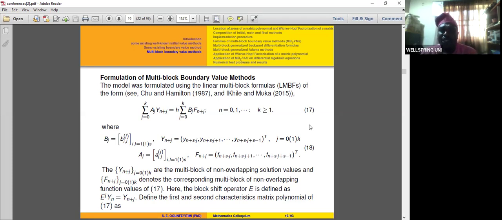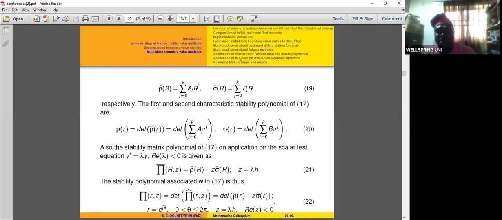Here, the block shift operator E is defined as E raised to power J of Yn, which is given as Yn plus J. Also, we have the first and second characteristic matrix polynomials of 17, which are given in equation 19. Then when we find the stability polynomial for the multi-block initial value method, we have it in equation 20.